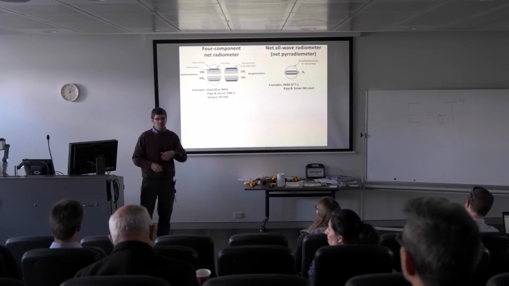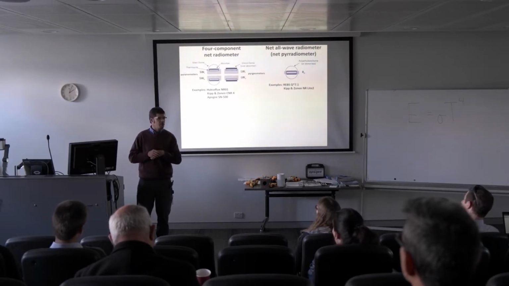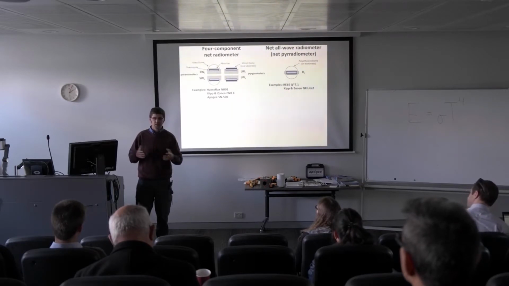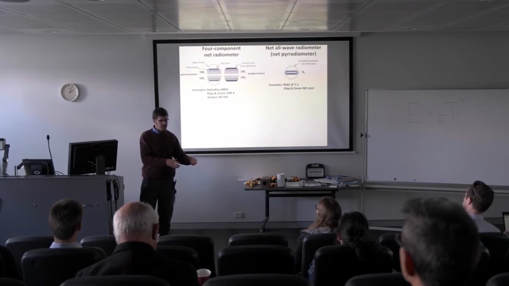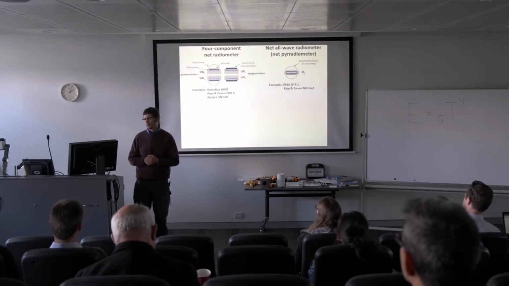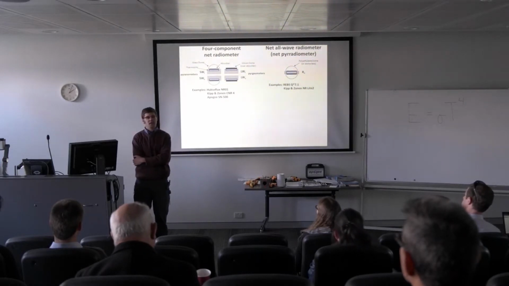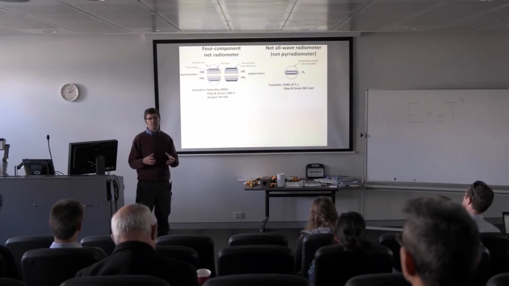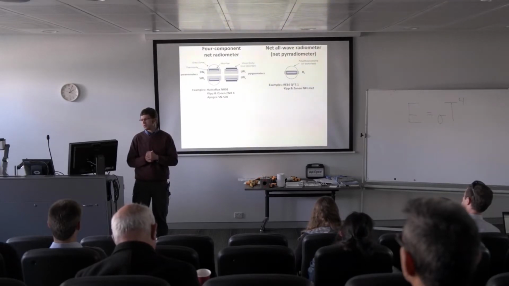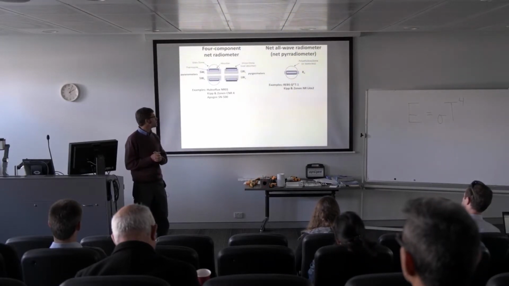And so when you get different proportions of longwave and shortwave, say clear sky versus cloudy sky, or over vegetation versus over snow, it can really influence the accuracy. So the polyethylene domes, while they can keep it clean and free of water, also have their challenges. They have to be replaced quite often because they're flimsy. Birds like to peck holes in them.